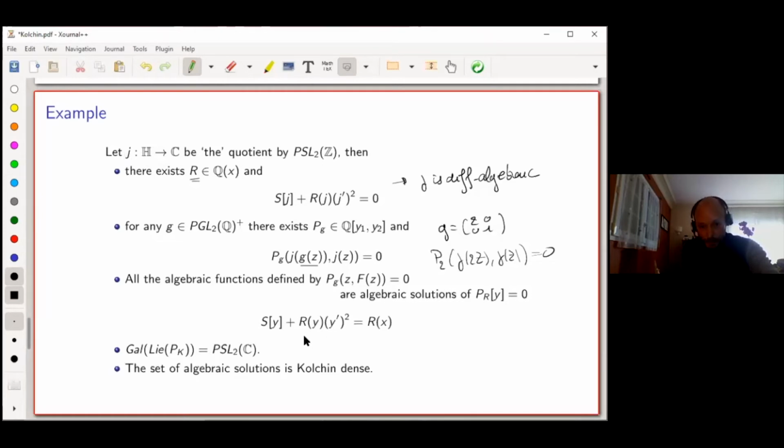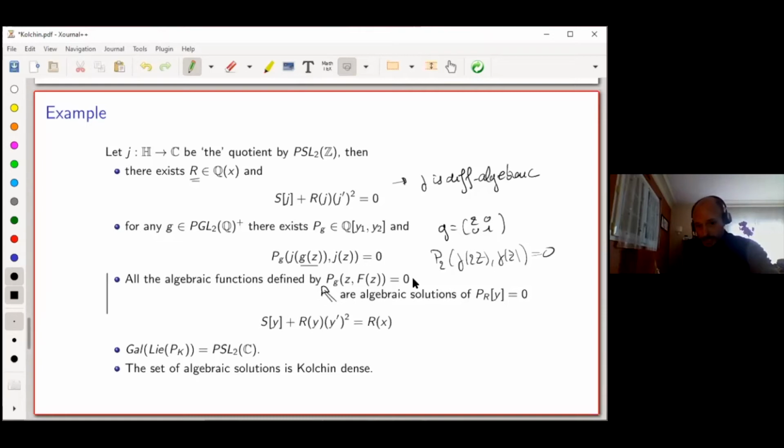There are many very nice properties, or very bad, I don't know, about this J function. You may verify by direct computation that all the algebraic functions that are defined by this special polynomial are algebraic solutions of your original Kummer order 3 equation. But you can also prove the other direction: all algebraic solutions have this shape here.